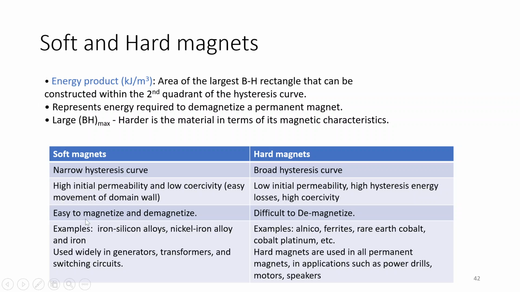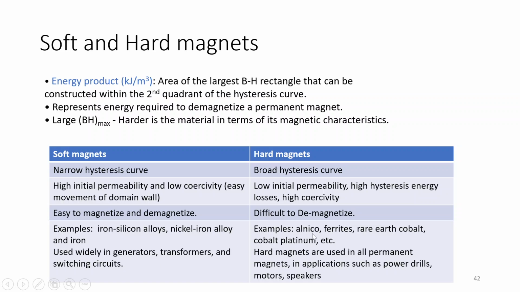For soft magnets, it is easy to magnetize and demagnetize. For hard magnets, it is difficult to demagnetize. Soft magnets, their examples include iron silicon alloys, nickel iron alloys, and iron, which is used widely in generators, transformers, and switching circuits.